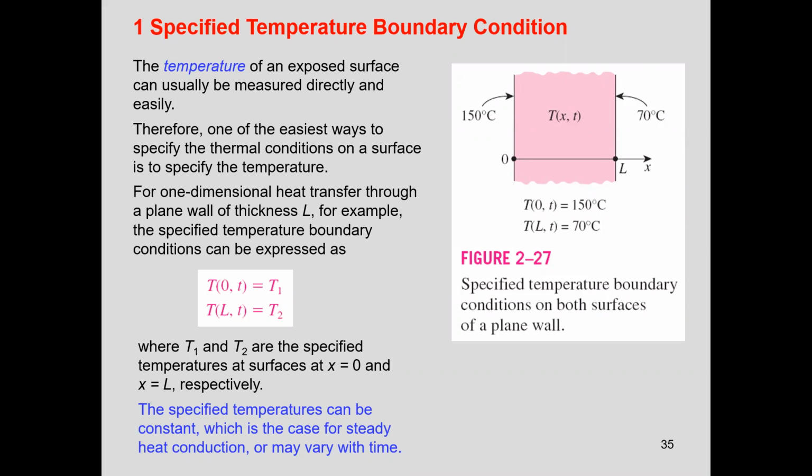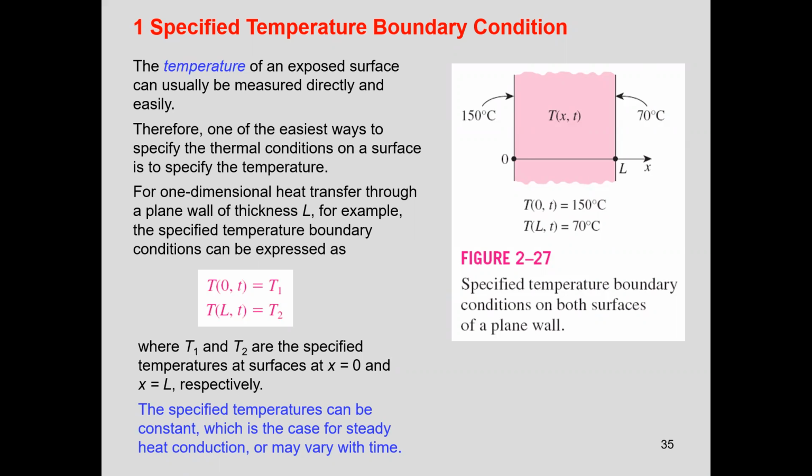Specified temperature boundary conditions. The temperature of an exposed surface can usually be measured directly and easily. Therefore, one of the easiest ways to specify the thermal condition on a surface is to specify the temperature.